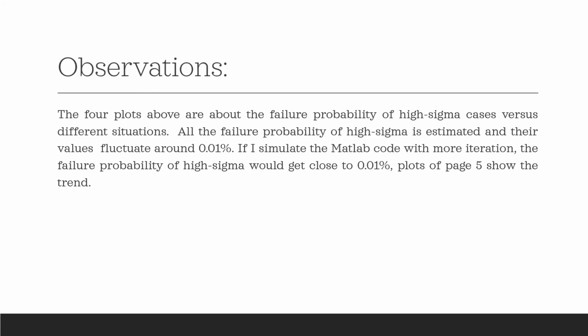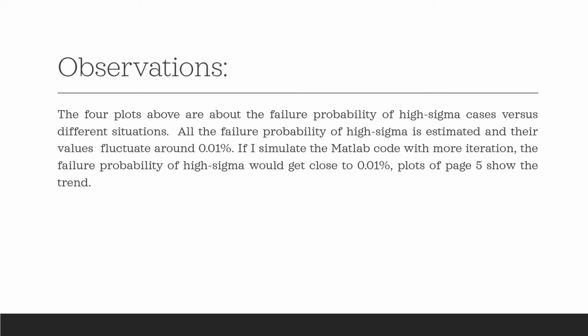Here are my observations of the plots above. With different situations and conditions, the failure probability of high sigma remains at 0.01% or stays around 0.01%. The worst case is that it fluctuates around 0.01%.